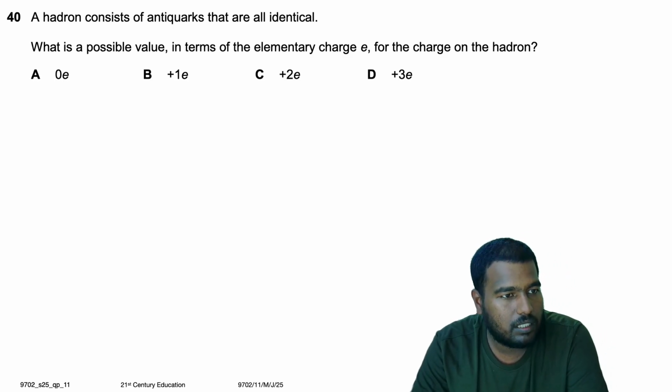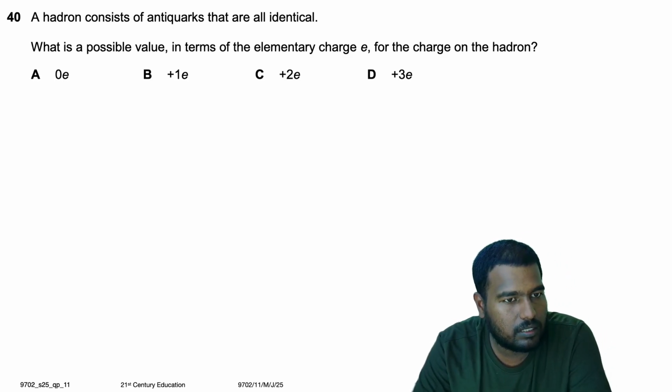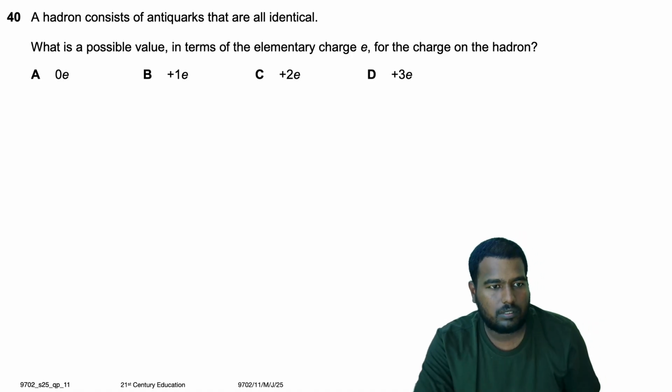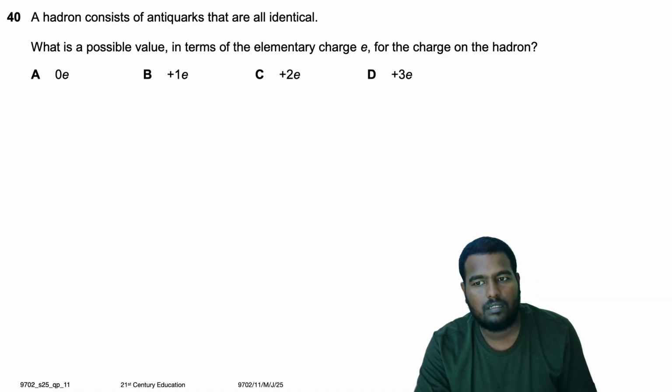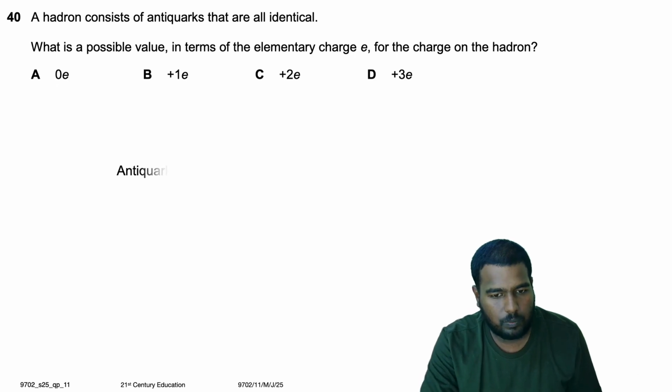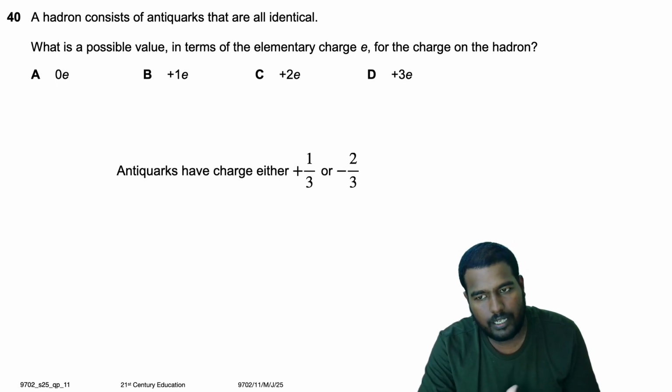A hadron consists of antiquarks that are all identical. What is the possible value, in terms of the elementary charge e, for the charge of the hadron? Let's take 3 antiquarks. Antiquarks have either charge +1/3 or -2/3.